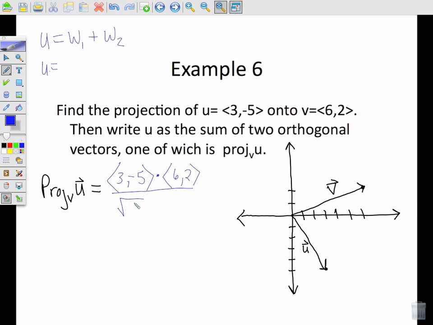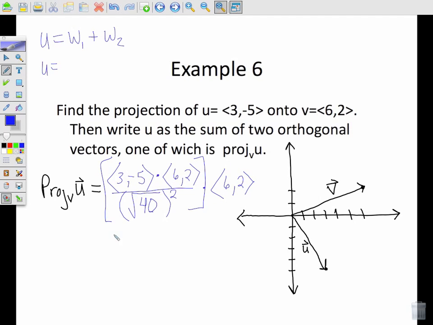The magnitude of the first one is the square root of 9 plus 25. But we've got to find the magnitude of 6, 2. So it's the square root of 36 plus 4, which is 40. And then we're going to square that, and then multiply it by vector v, which is 6, 2.